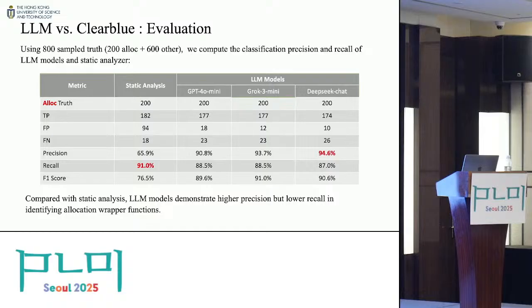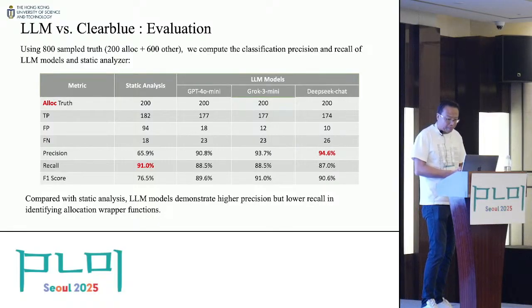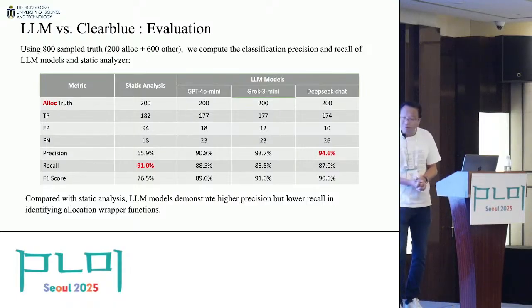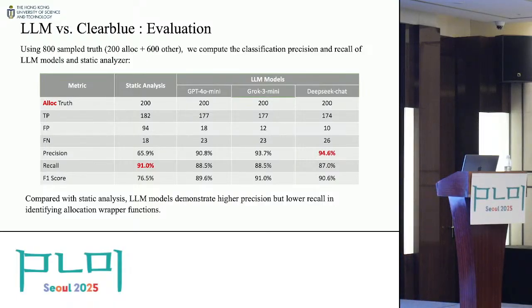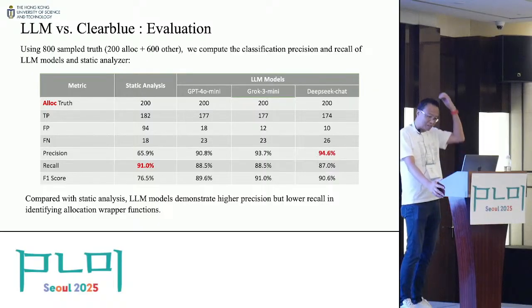In this oracle, there's 800 calls. Okay, so that's what we do. So the observation we make here is, surprisingly, LLM models in this task outperform Clear Blue by a very large margin.